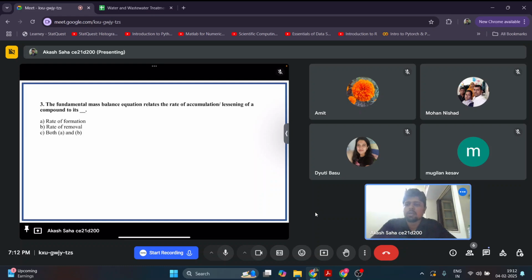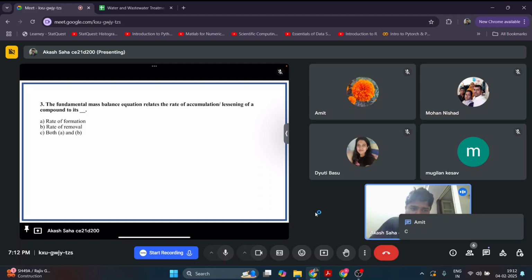Next problem. The fundamental mass balance equation relates the rate of accumulation or lessening of a compound to its rate of formation, rate of removal, or both A and B. So we are talking about the rate of accumulation or depletion or lessening. Okay, so what does it depend on?